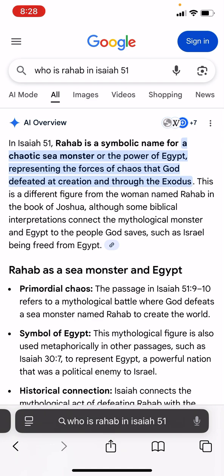So we're talking about something that has to deal with Egypt, including the chaotic sea monster. This is the same Egypt that is actually representing the northern star Thuban, which is inside the constellation of the dragon.